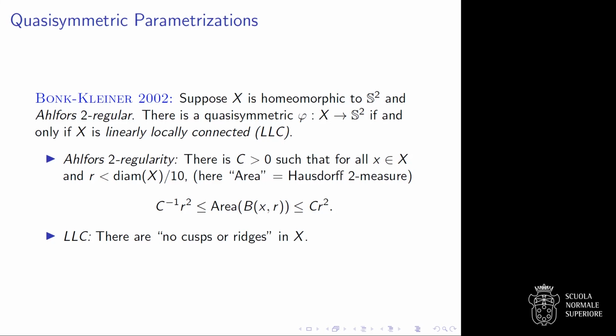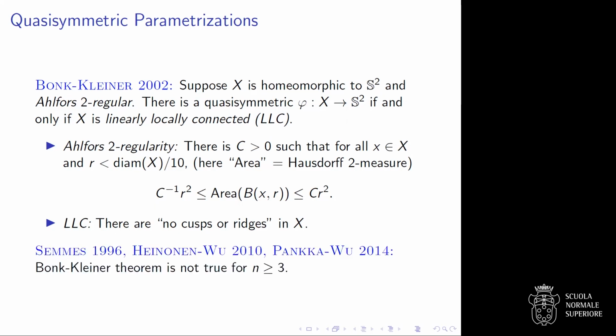So if you have an Ahlfors n-regular space homeomorphic to Sⁿ, is there a geometric condition like the LLC condition which guarantees the existence of quasi-symmetric homeomorphisms? Such a condition like the LLC is clearly, it's easy to see that it's necessary for the existence. But this is not true.